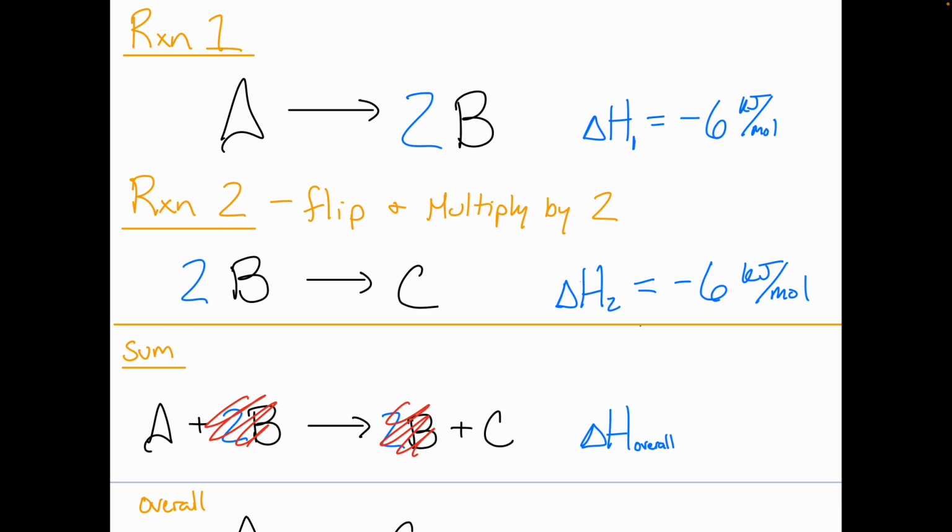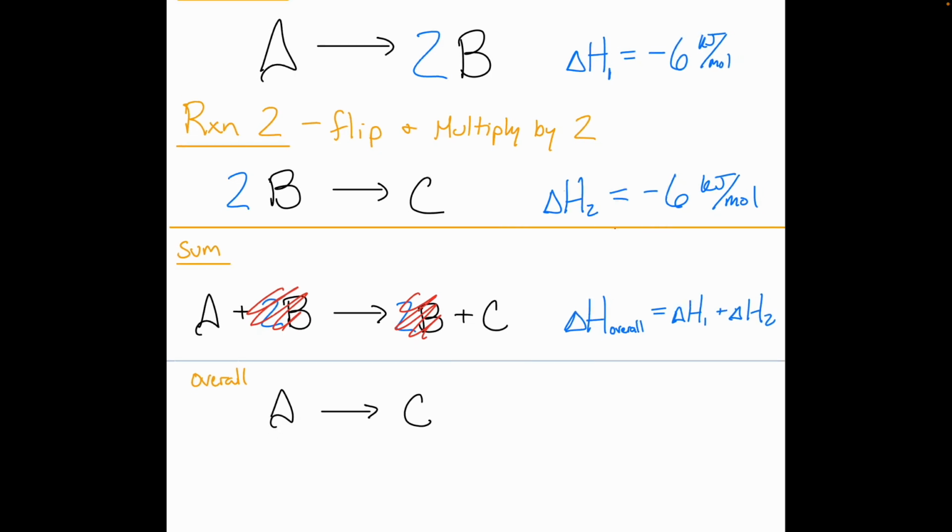And again, we established that enthalpy is a state function, so it doesn't matter if I convert A to 2B and then 2B into C, I'm starting and ending in the exact same place. So the sum of these two steps, delta H1 and delta H2, is going to give me my overall change in enthalpy. So -6 minus 6, the delta H of this overall reaction is -12 kilojoules per mole.